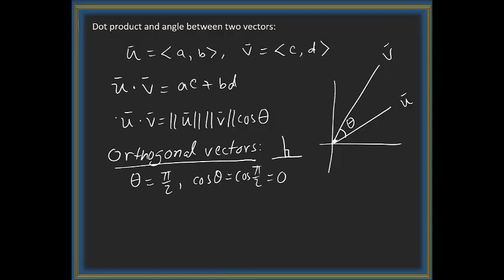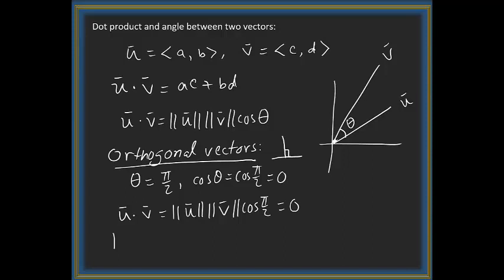Now if we plug it into the dot product form, we get U dot V equals the magnitude of U times the magnitude of V times cosine pi over 2, and you see that this is 0. So that means when you take the dot product and the result is 0, then the vectors are orthogonal.